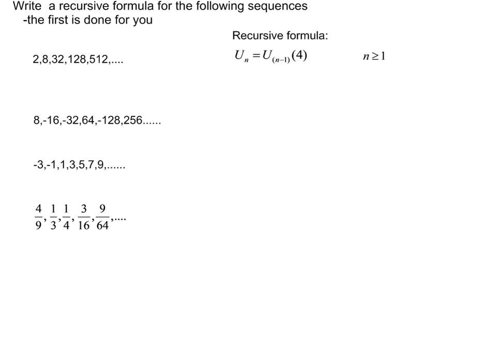We look at the first one, we see that it's getting multiplied by 4 each time, so that common ratio is 4. I didn't put in u sub 1, so I need to put in that u sub 1 is equal to 2. U sub n is equal to u sub n minus 1 times 4, and there's n. Can you pause this and do the remaining ones?